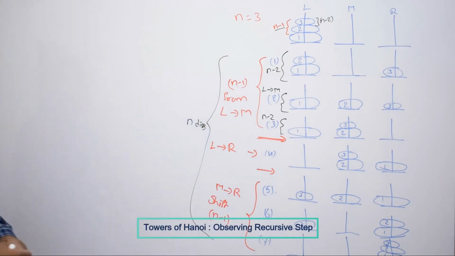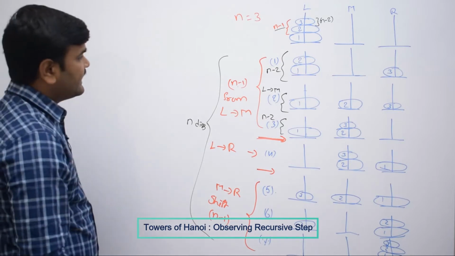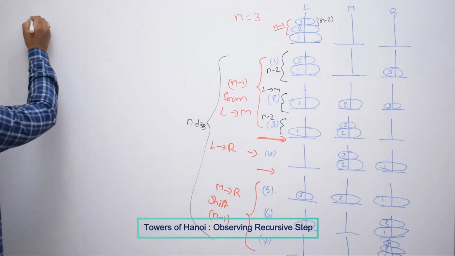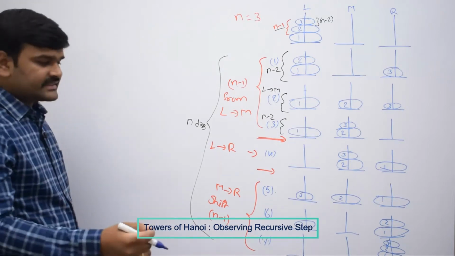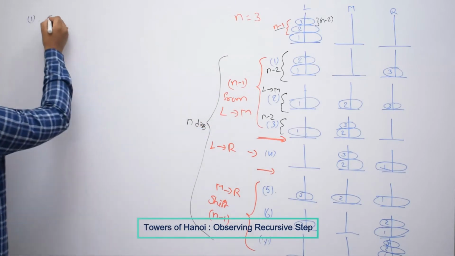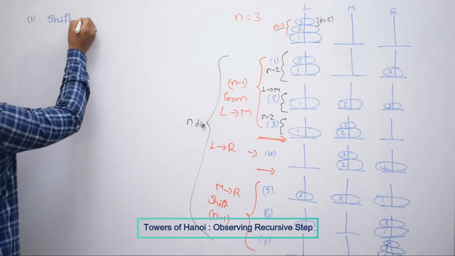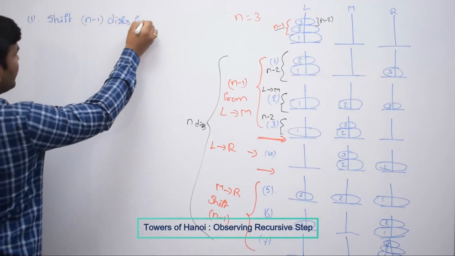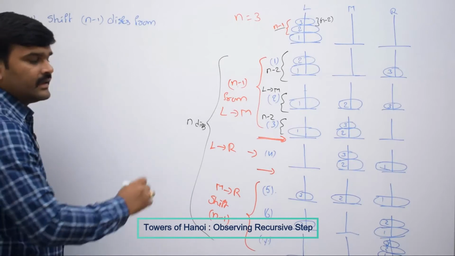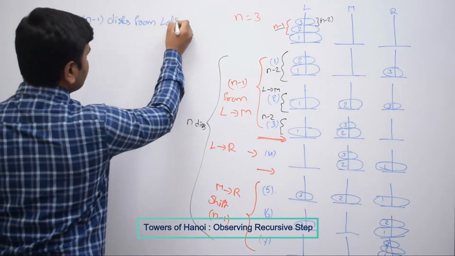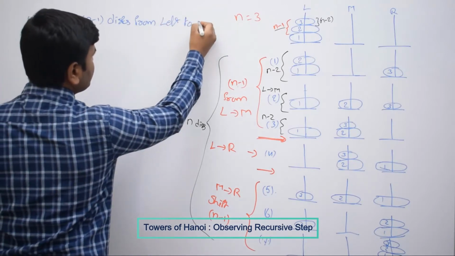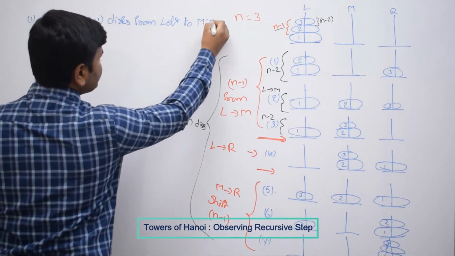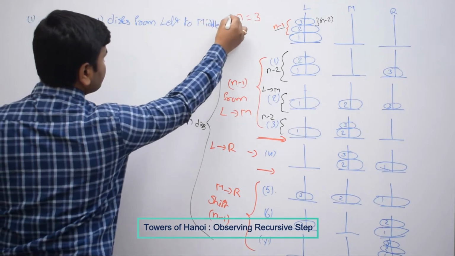Okay. So if you observe the steps here, what is the first step? The first step is to shift n minus 1 disks from left to the middle tower, which is the helping tower.